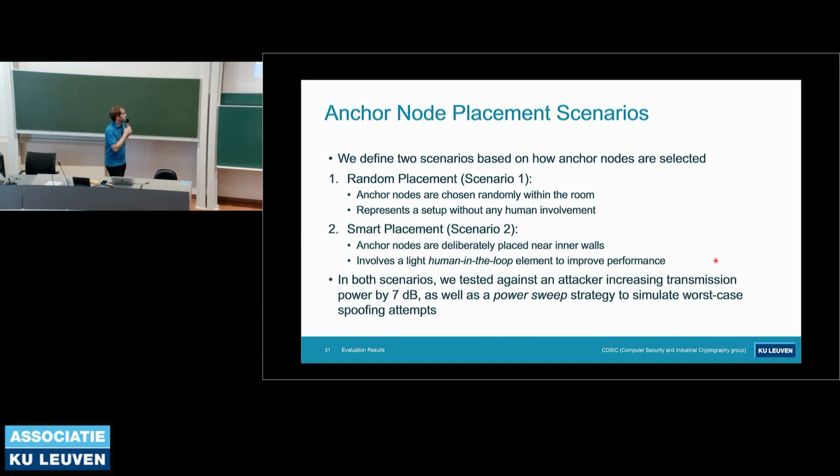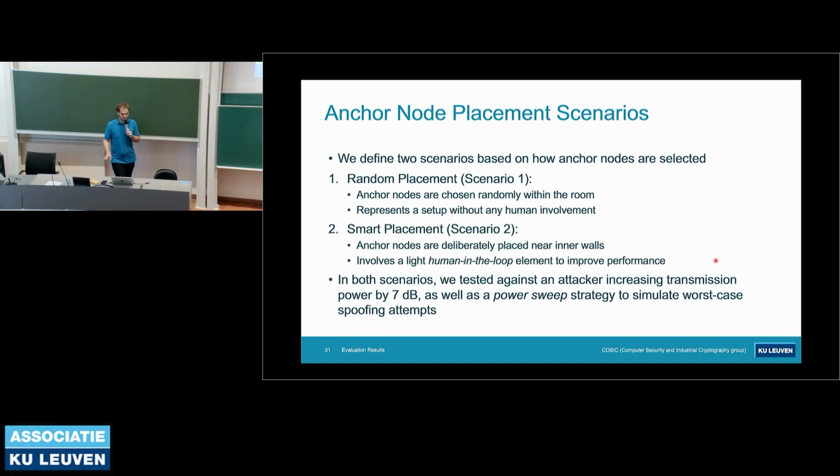The first is random placement, meaning that we randomly select a certain number of anchor nodes inside the geofence and say, okay, these are now active, and they record the received signal strength. That represents the setup without any human involvement. That's what I talked about at the very beginning of the presentation, where you assume that a certain number of devices are already present and relatively randomly distributed.